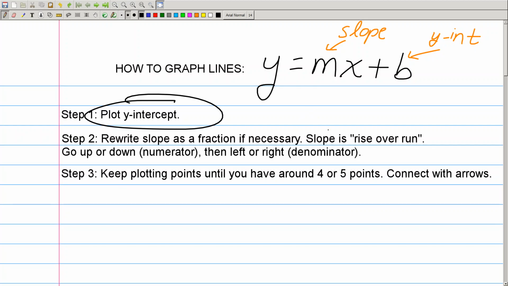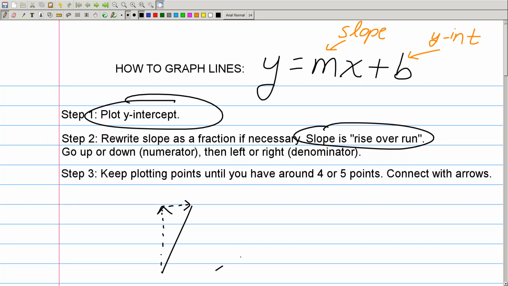See, slope represents rise over run. This represents how the line goes up and how the line goes to the right, meaning it tells you how much the line slants. So if a line is very steep, then it has a certain amount this way and a certain amount this way.